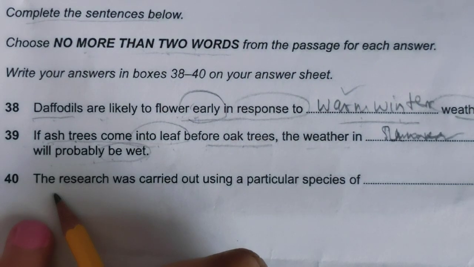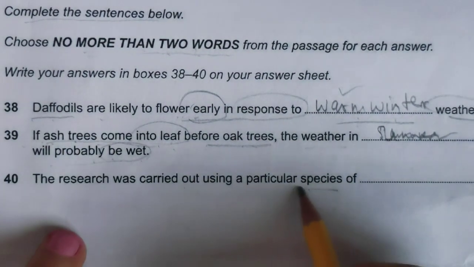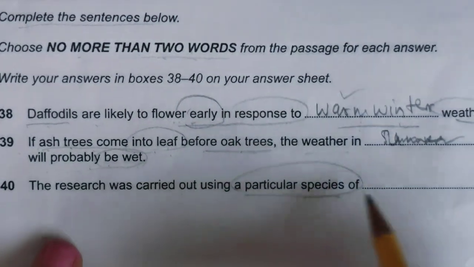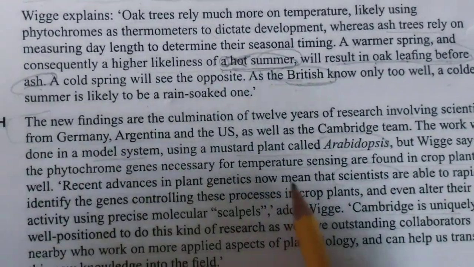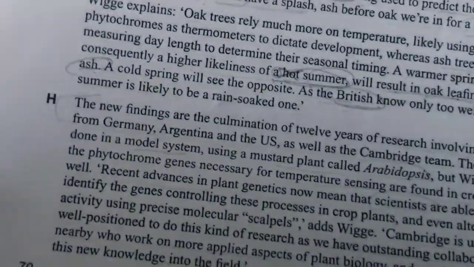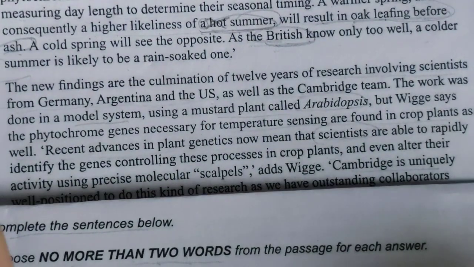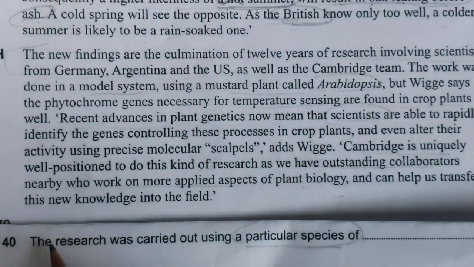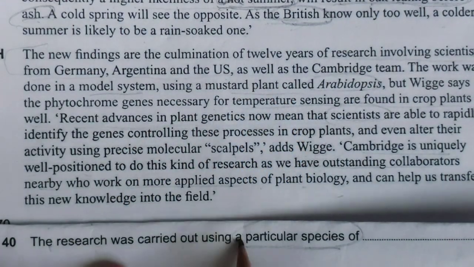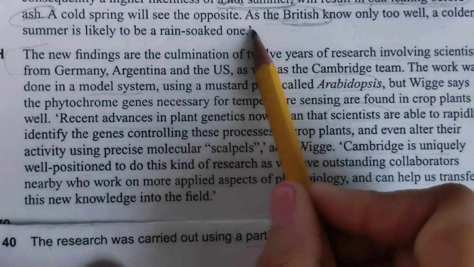Now next is, the research was carried out using a particular species of. Of course, in the last paragraph, if you look at this sentence, I will show you the sentence also. Just give me a second. So here the question is, the research was carried out using a particular species of. So till now we have done it.